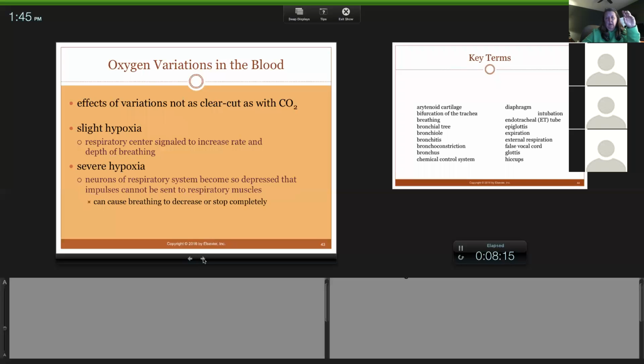Now, the other thing, remember I said chemically in the blood, the other thing that we're looking at is oxygen levels. Now it's not as direct as carbon dioxide and pH. Carbon dioxide and pH are pretty sensitive. Oxygen levels can vary, but I want you to know the word hypoxia. Hypoxia is low levels of oxygen. So if for some reason our animal was having some respiratory difficulty or had low oxygen, what the body will try to do is signal the animal to breathe more.